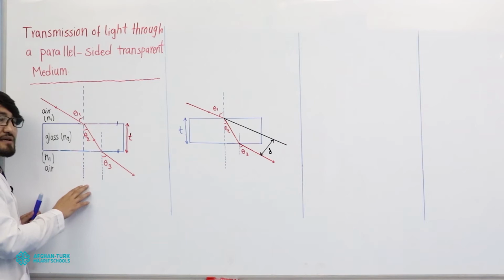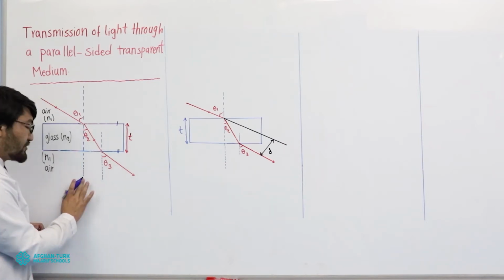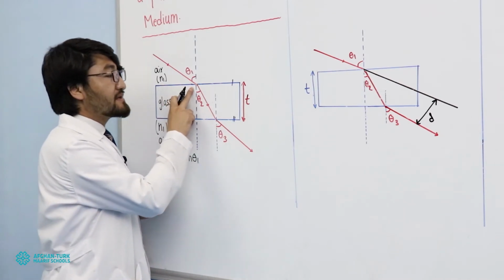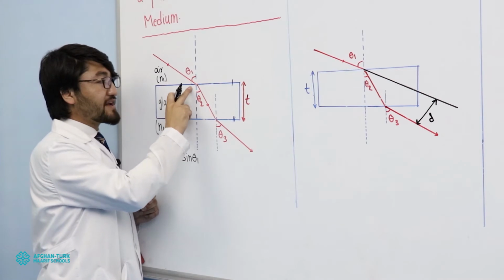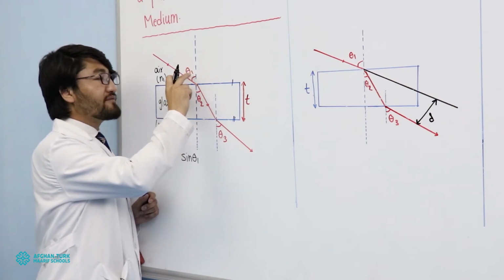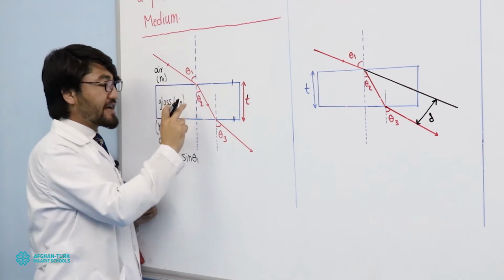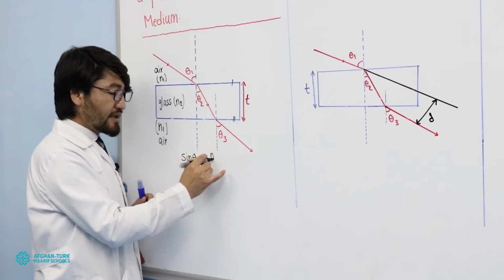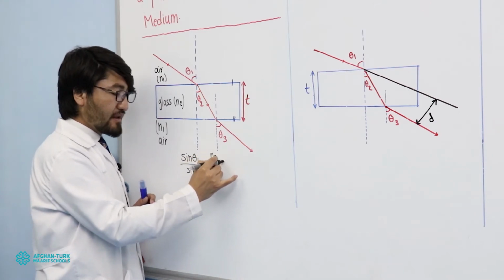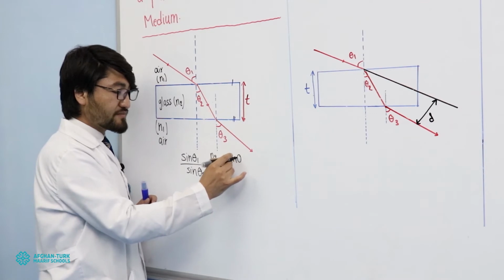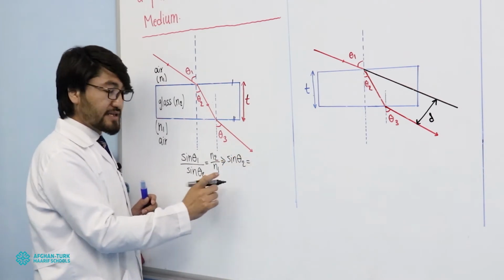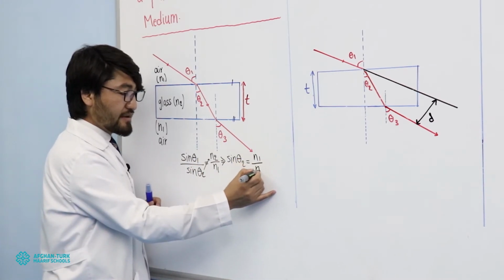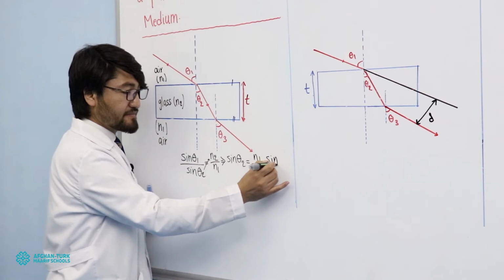According to the refraction law, or Snell's law, in the first refraction we have: sine theta 1 over sine theta 2 is equal to N2 over N1. I will find sine theta 2. Sine theta 2 is equal to N1 over N2 times sine theta 1.